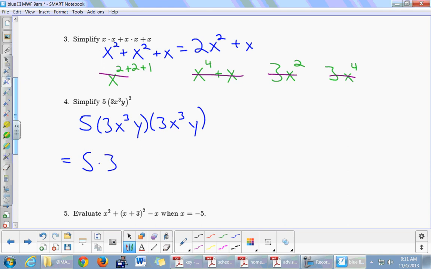What I see is x cubed. What does x cubed really mean? x times x times x. Yeah? What's sitting after the x cubed is y times, and then I've got the other parentheses, 3. x cubed is still x times x times x, and there's a y sitting there at the end.